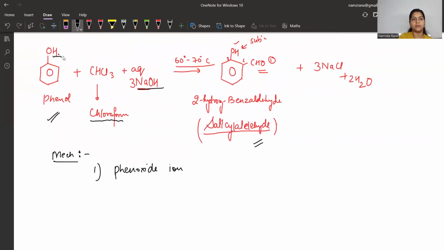You know, phenol has this acidic hydrogen. This hydrogen is acidic in nature. Why is it acidic in nature? Because as soon as H positive is released, you will get a phenoxide ion which is resonance stabilized, right? And this is a base. So simply there is an acid-base reaction to form phenoxide ion.